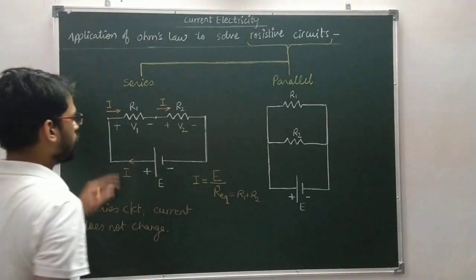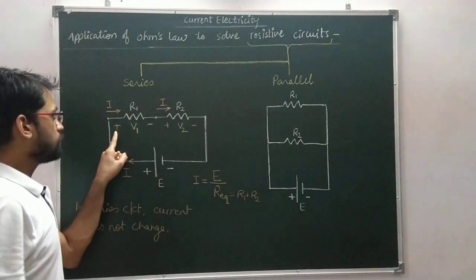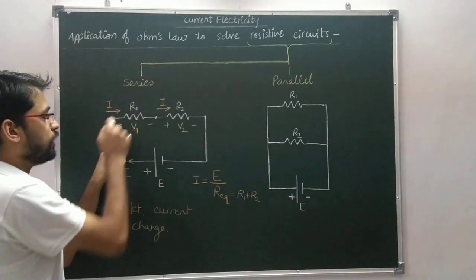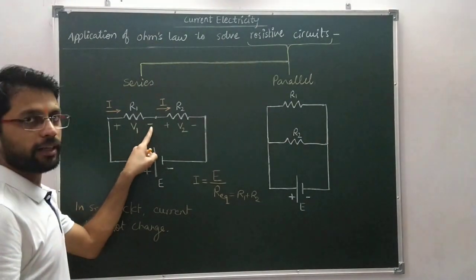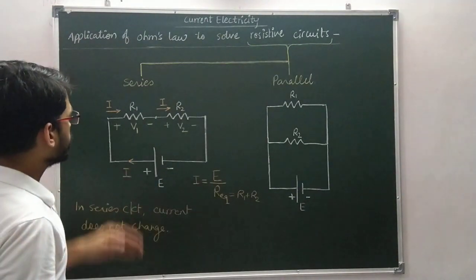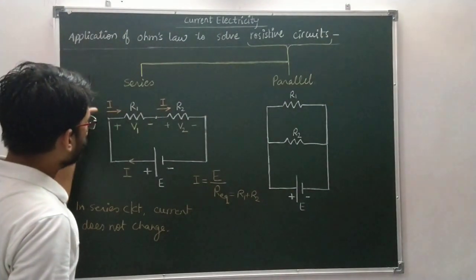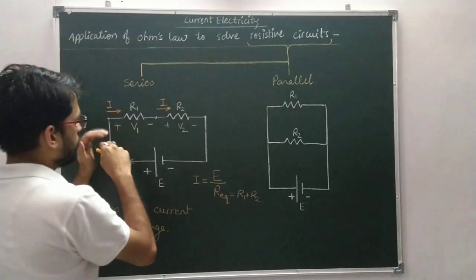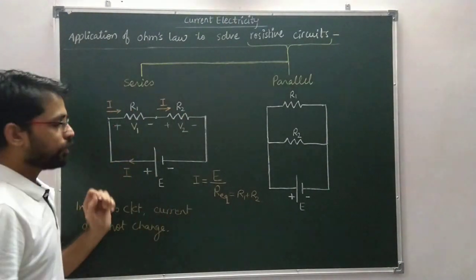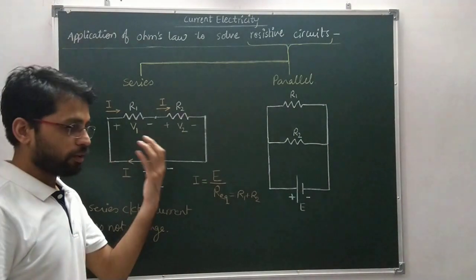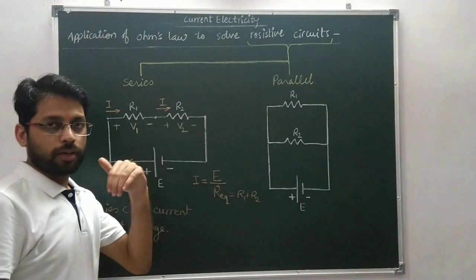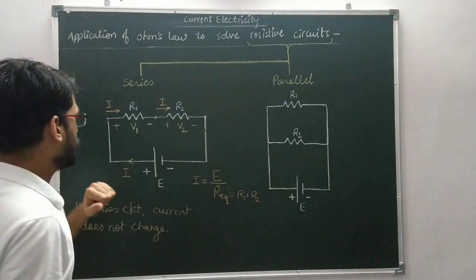Okay, this end of the resistor R1 will be positive and this end will be negative. Why? The current is flowing from left to right. As you know, the current always runs from high potential to low potential.